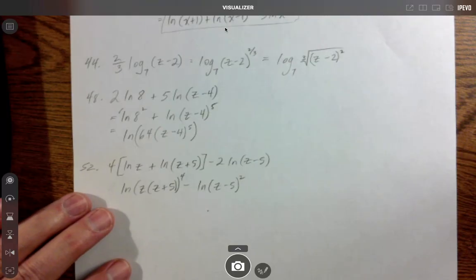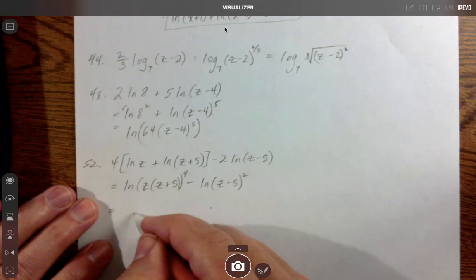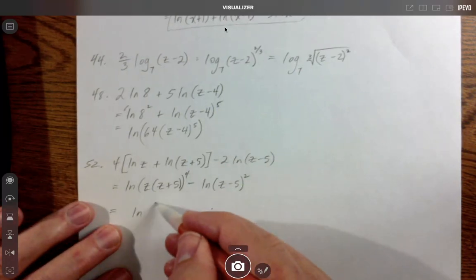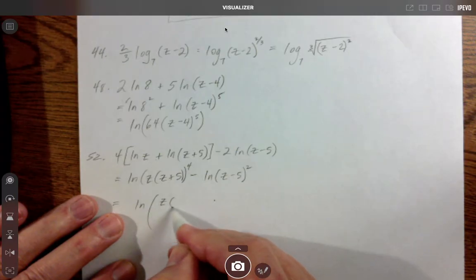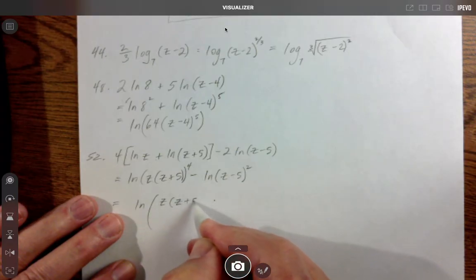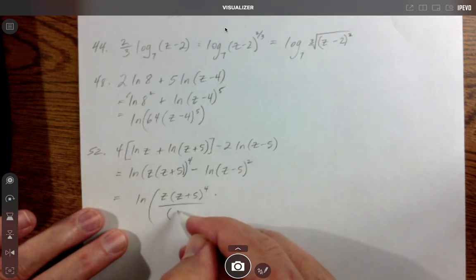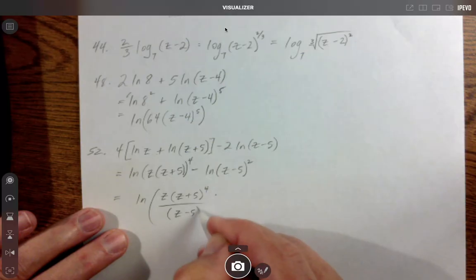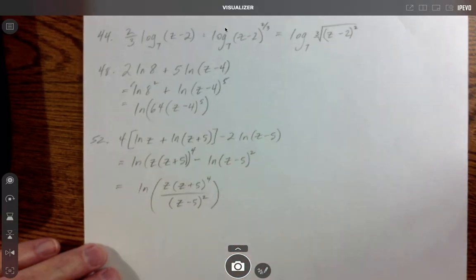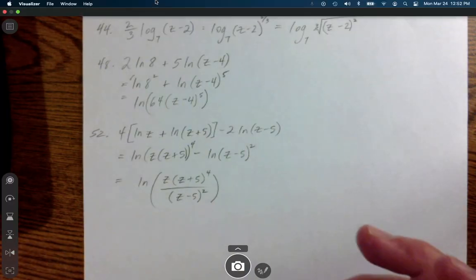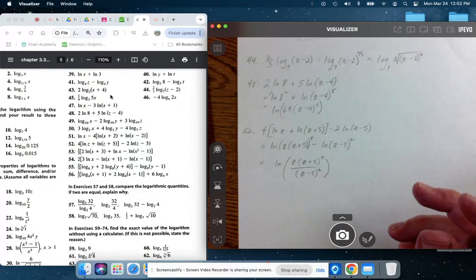Now I can do a division, because I've got subtraction, so this would equal natural log of z times z plus 5 to the 4th power over z minus 5 to the 2nd power. And that should be it. Alright, so that's how you work this set.